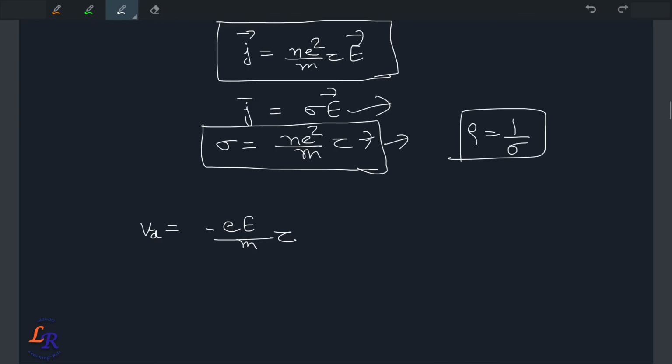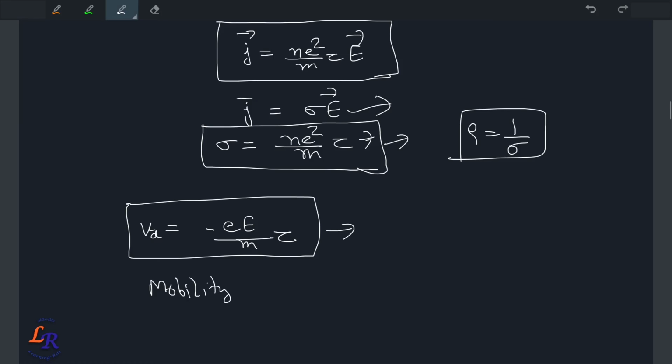Sometimes we make it independent of electric field, because here we are talking about conductors that have only free electrons, but there are cases where you can have ions, like ionized ions, or electrons, protons. They can have different drift velocities depending upon the electric field. So we can also define a quantity called mobility, the drift velocity per unit electric field, for different types of charges.